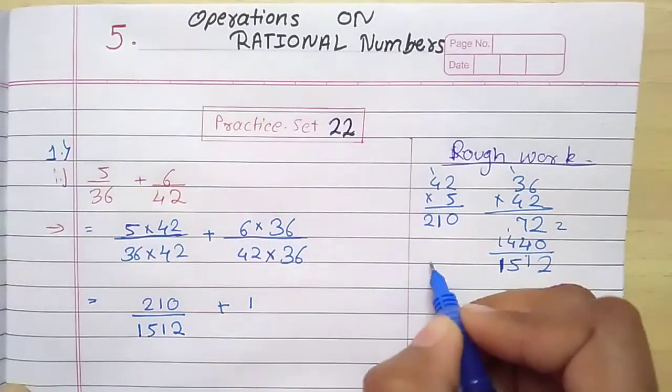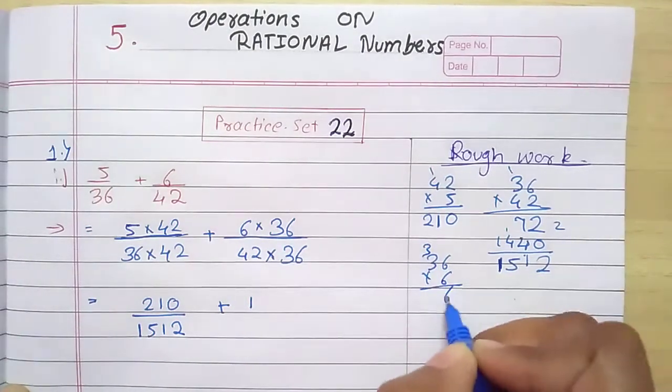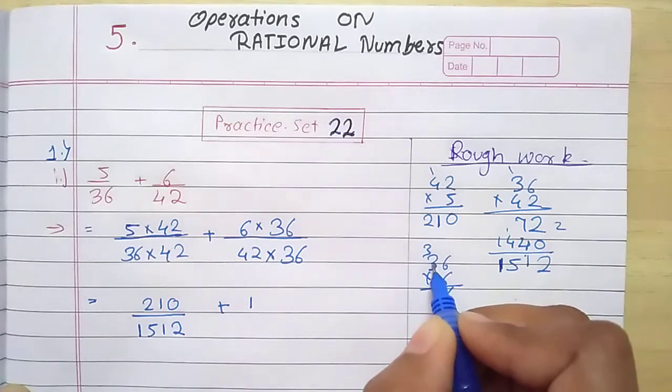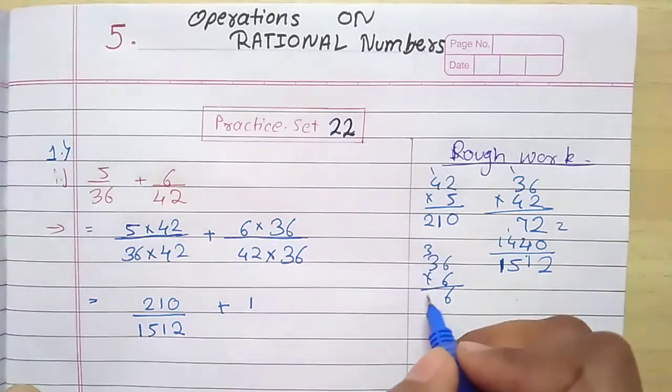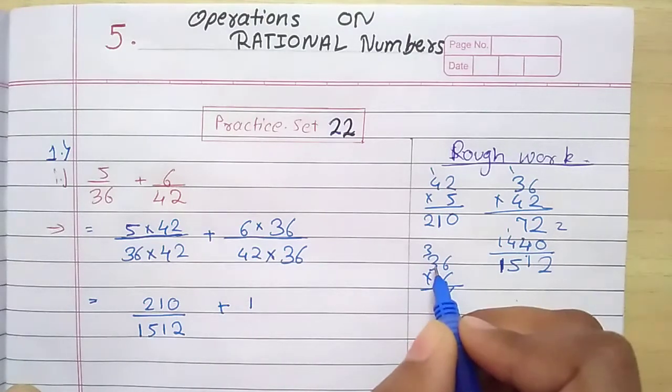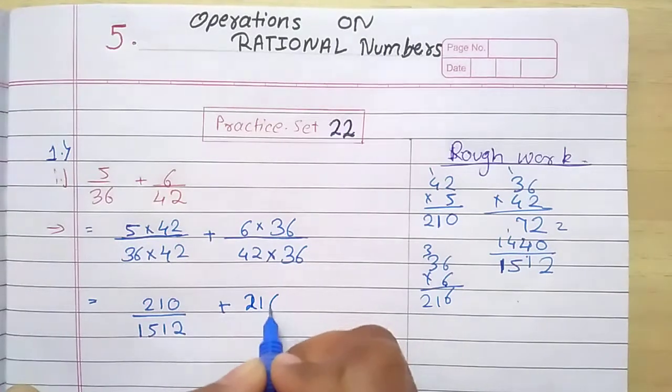Now 36 into 6: 6 6s are 36, 6 3s are 18, plus 3 is 21, so 216.